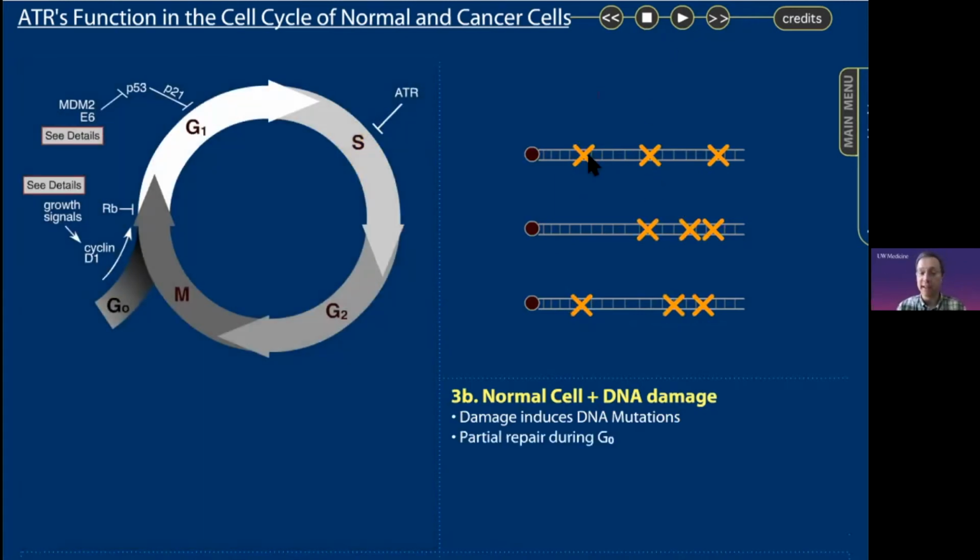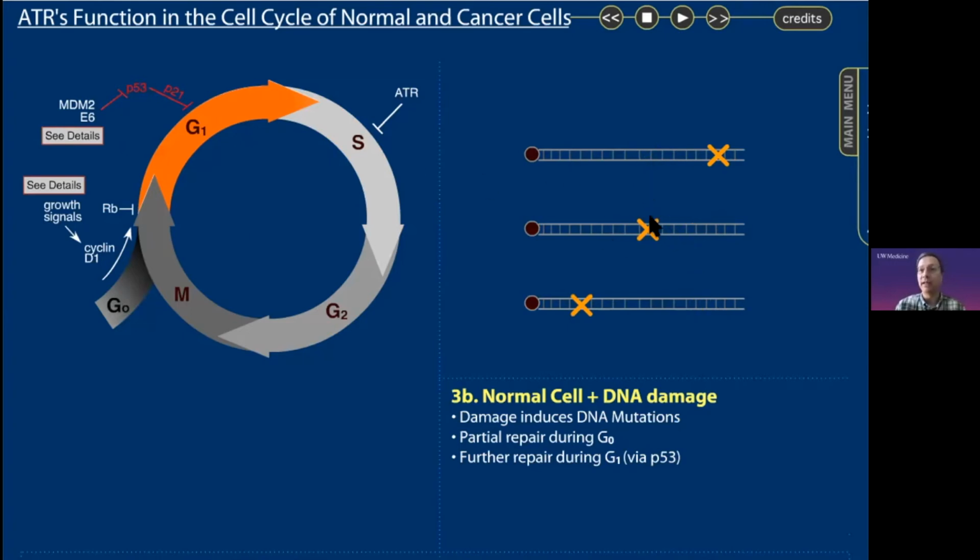In contrast, if you have damage in a normal cell, then you get a number of spots where the DNA is not readily copyable due to the damage. And a normal cell has all these quality control mechanisms. First of all, the retinoblastoma protein, for example, regulates entry into the active part of the cell cycle. And then P53, P21, and many other damage sensing proteins get turned on in a damage sensitive way and provide time for the cell to carry out repair.